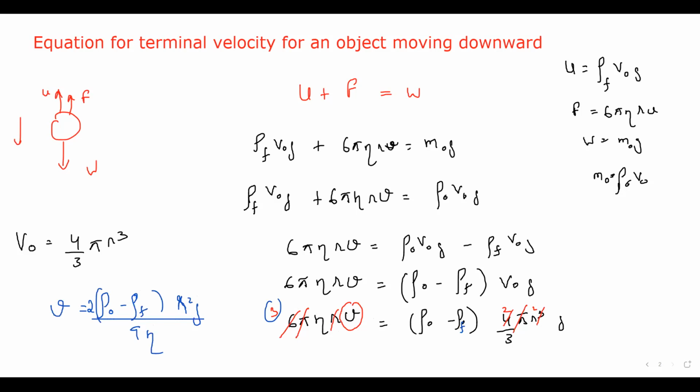So this is the final formula we get for the terminal velocity of an object moving downward.